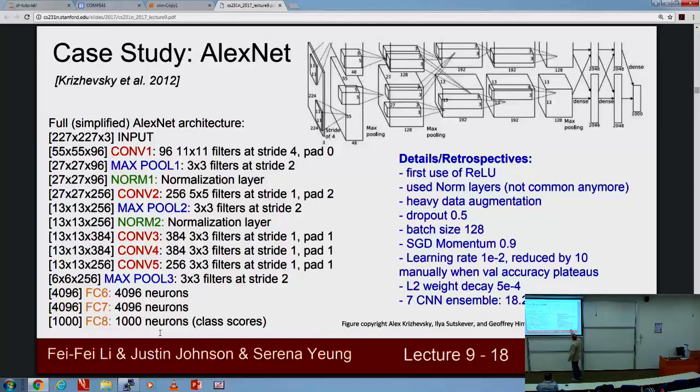Learning rate: if you don't know anything, always start with 10 to the minus 2, which they did, and then reduce it tenfold each time the accuracy plateaus. That's also a very common technique. The initial learning rate that you start with might lead to large step sizes, which are maybe necessary in the beginning when you're far away from the solution. But as you get closer and closer to the solution, you might want to reduce the learning rate to slow yourself down.